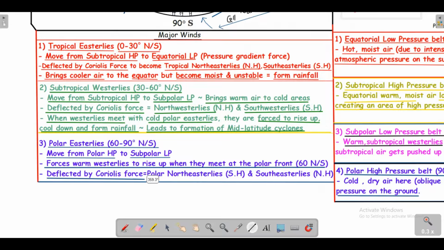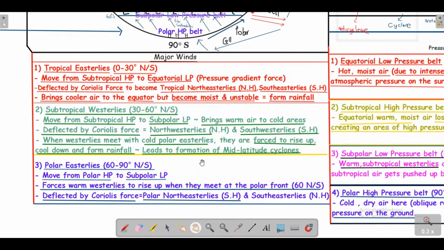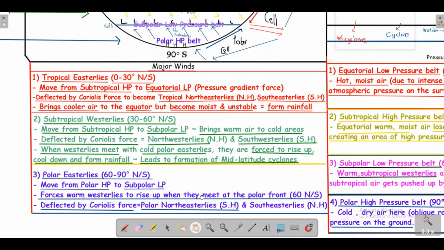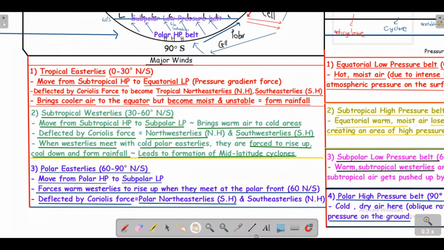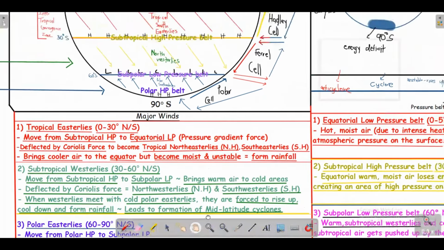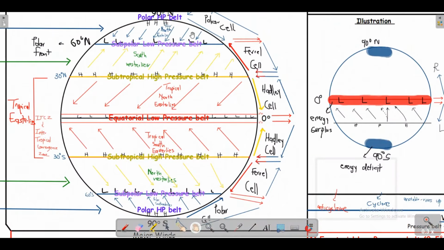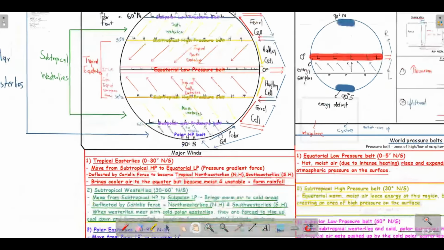And then they are deflected by the Coriolis force and become polar northeasterlies in the, no, this should be polar southeasterlies, right? Polar southeasterlies in the southern hemisphere and polar northeasterlies in the northern hemisphere.